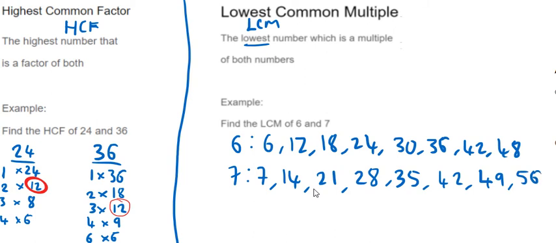So this time we're looking for the lowest number that's in both lists. So if you look through them there, 42 is going to be the lowest one that's in both lists. So therefore the LCM of 6 and 7 is 42.